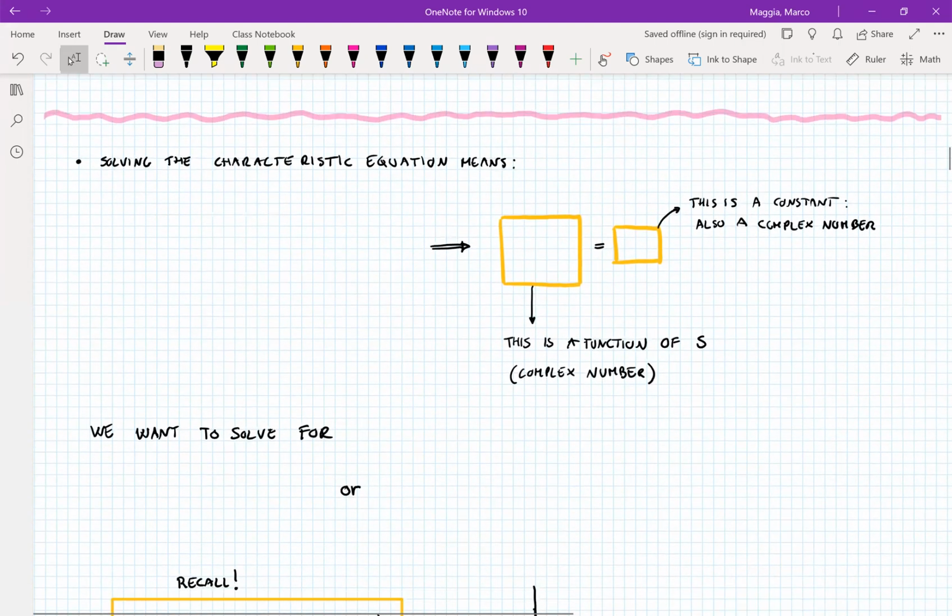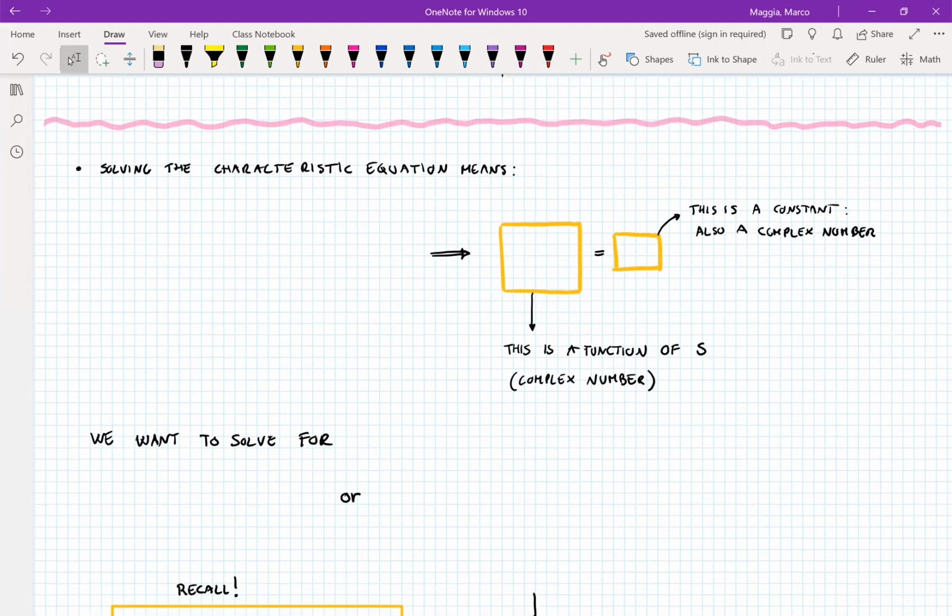Okay, before going on with describing step 2, I just want to point out something about the actual solution of the characteristic equation, in terms of what it means to solve the characteristic equation using complex numbers, because remember, s is a complex number. So when we solve 1 plus k times n over d equals 0, we can also rewrite it as k times n over d equal to minus 1.